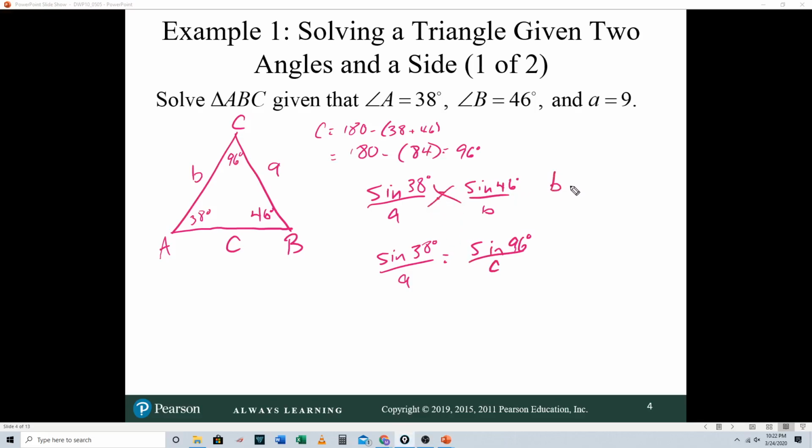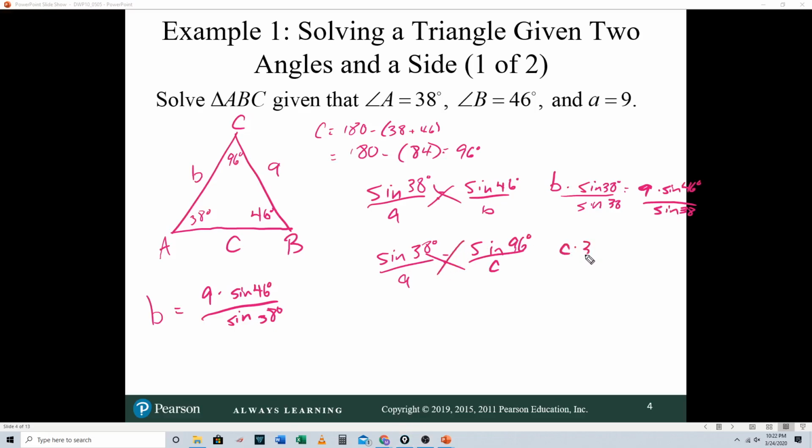So that's B times sine of 38 degrees is equal to 9 times sine of 46 degrees. And all that's left is divide by sine of 38. So we know that side B is equal to 9 times sine of 46 degrees over sine of 38 degrees.